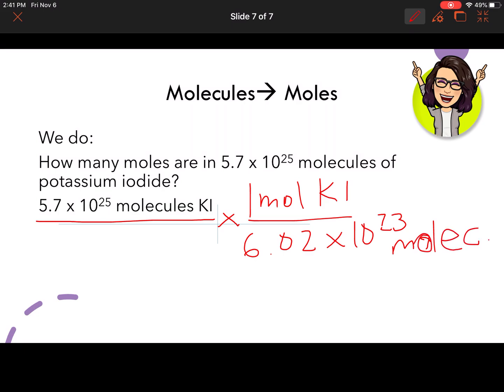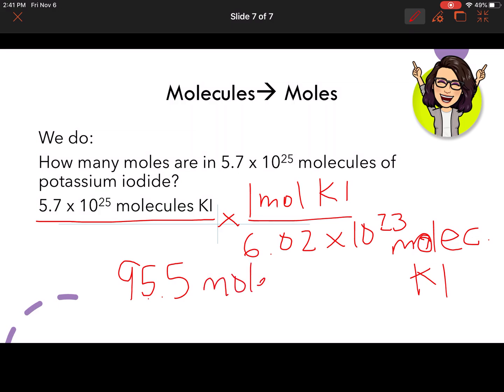So molecules of KI, and putting that in my calculator, 5.7 times 10 to the 25th divided by 6.02 times 10 to the 23rd, I get 95.5 and a bunch of stuff moles of KI.